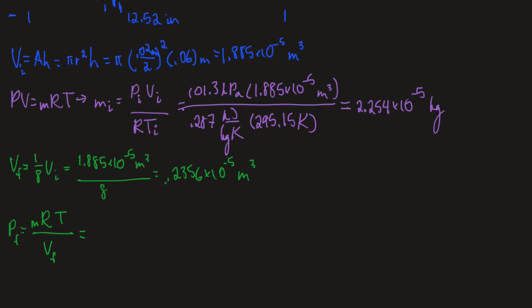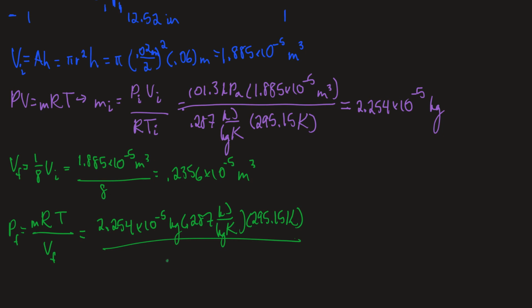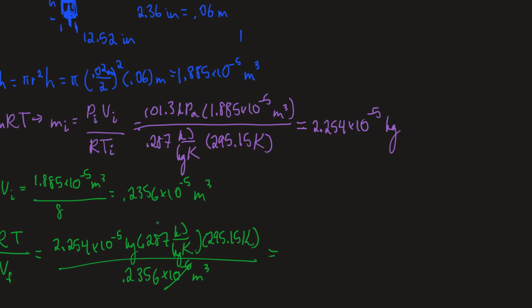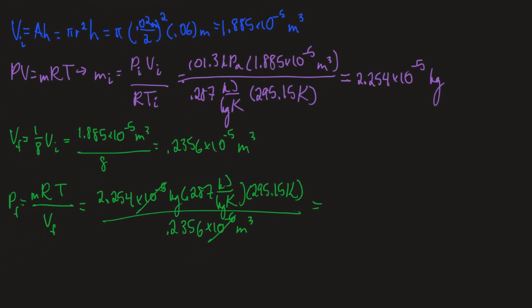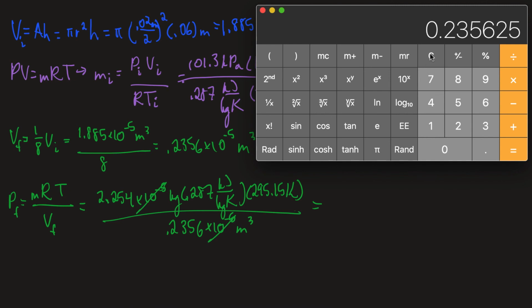So we can use the mass that we calculated above, so 2.254 times 10 to the negative 5 kilograms times the gas-specific constant of air times the room temperature, all divided by the final volume that we just calculated. And we notice that these 10 to the negative 5s will cancel out. So these two will cancel out, and we can use the calculator to finish this off.